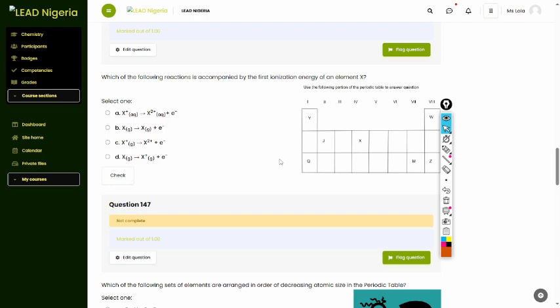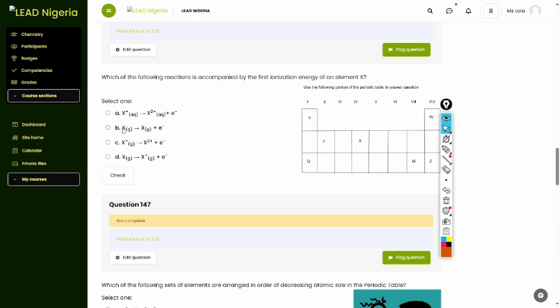So first ionization energy only removes 1 electron from the outermost shell. Although X has 4 electrons in the outermost shell, the first ionization energy will only remove 1 of the electrons to give you X+. So which of these corresponds to that?